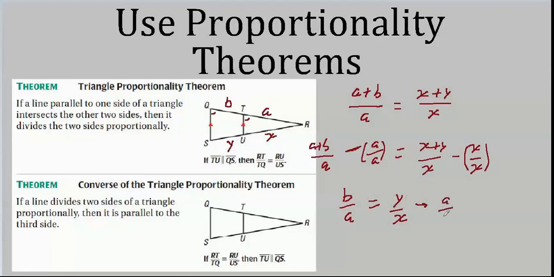So we can write A over B equals X over Y, which is the way they wrote it. RT is A, TQ is B, we got RT over TQ. Same thing here. RU is X, Y is US, and here we have X over Y. So it's very easy from the fact of similarity of these two triangles to show that these proportions hold. The ratio of this to this and the ratio of this to this are the same.